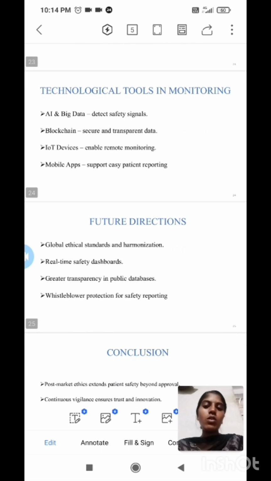Next, look at technological tools in monitoring. In the current generation, every product includes technologies. What technologies do we already use? AI, artificial intelligence, and big data detect safety signals.